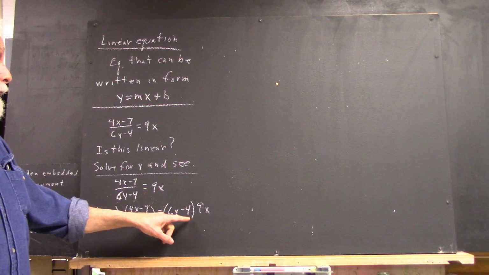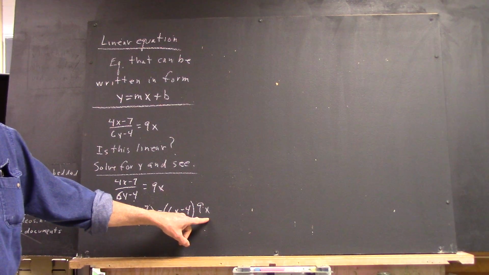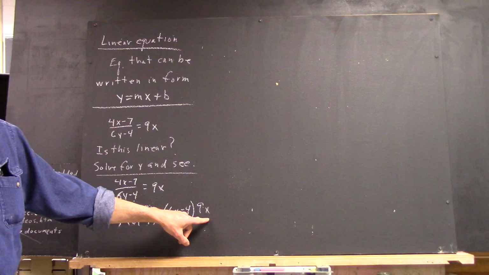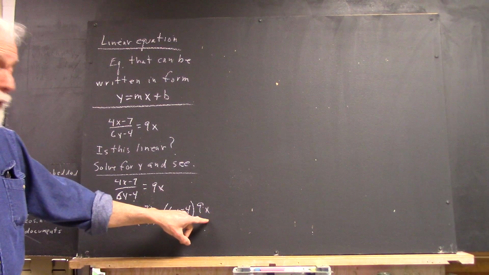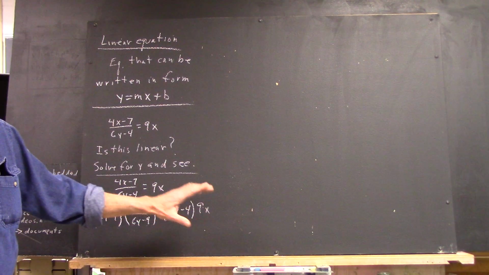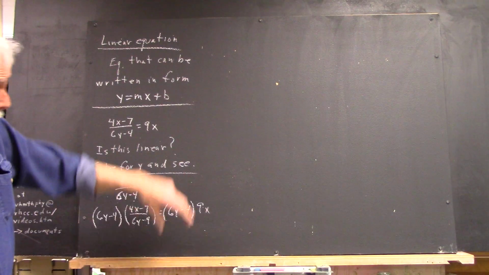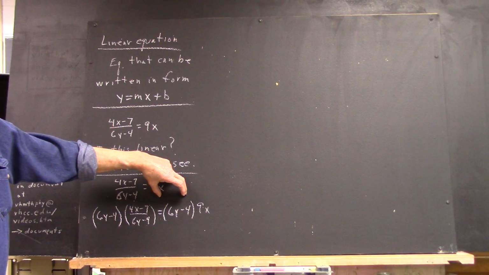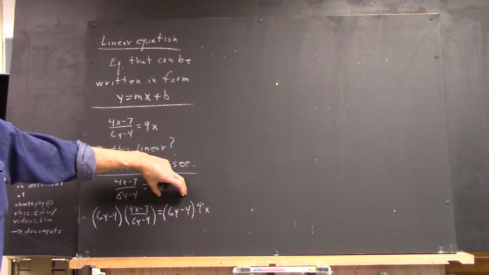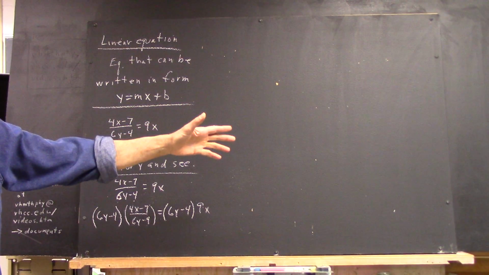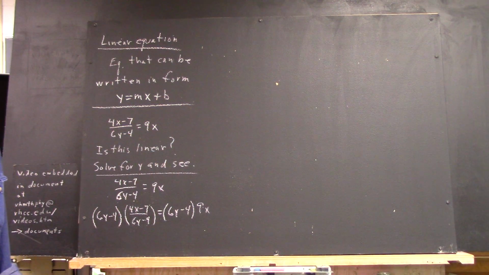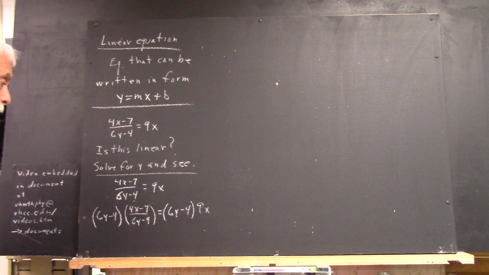And then you might just multiply the negative 4 by the 9x, and not multiply the 6y by the 9x. Or do something else. If you don't have the parentheses there, you're in serious danger of totally messing up the solution. Very important to have that parentheses there.